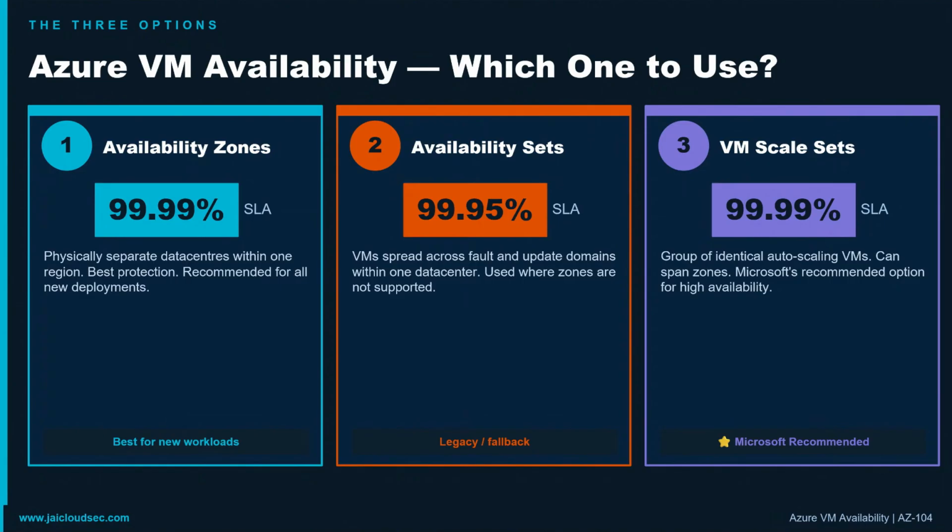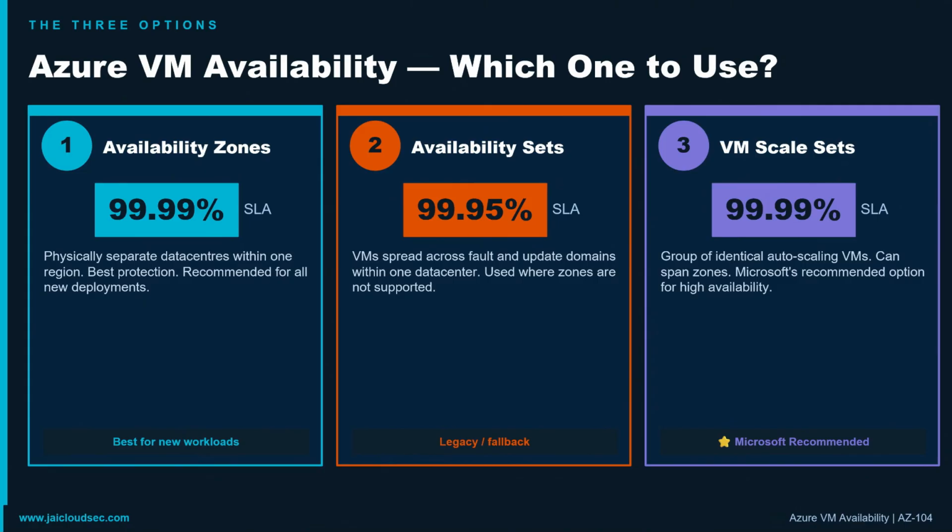This is the preferred option for all new workloads. Option 2, availability sets. Your VMs spread across different racks and maintenance groups within the same data center. Protects against hardware failure and planned maintenance. 99.95% SLA. Used mainly where zones are not supported.